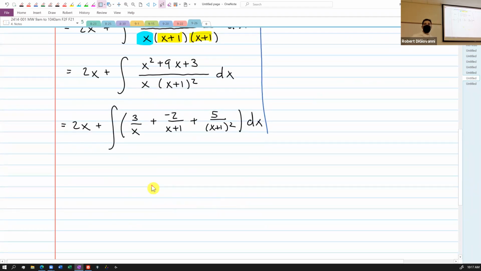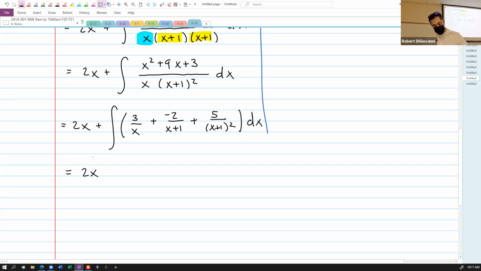Can we integrate these easily? This is going to be a natural log. This is a natural log. This is not a natural log because of the squared, right? But we've done this. We did this last class. We have a constant over repeated linear factor. So I'm not going to go through all the work for this.